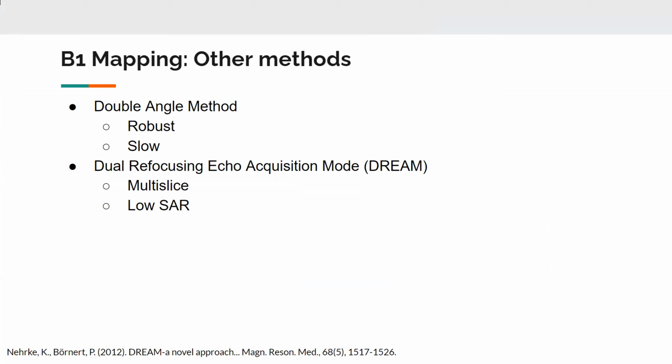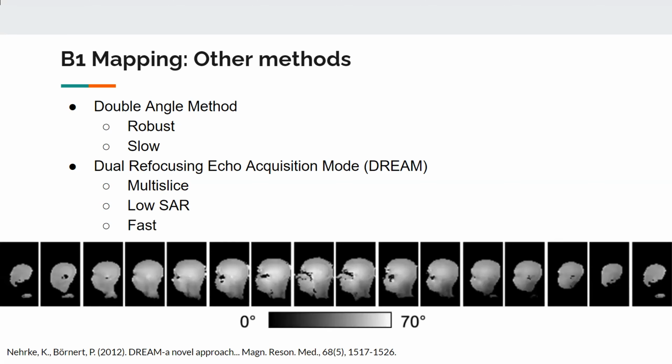It has relatively low SAR level, so it's useful. It's really good for human scans, and it's also very quick. Just to give an example of how quick it is, this is 16 slices acquired using the DREAM method, and all of these slices were done in 3 seconds, so very quick.